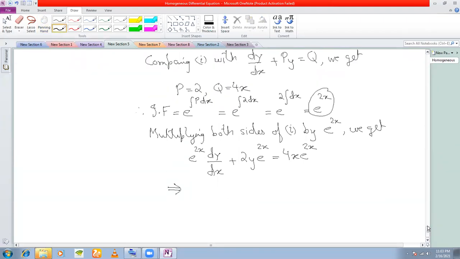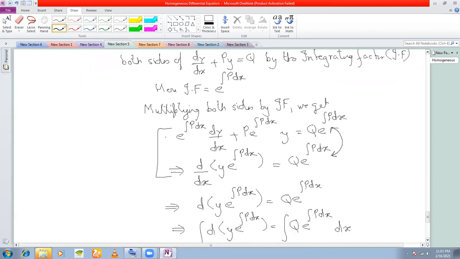Now, what did I say here? I told you to remember these two steps. On multiplying both sides by the integrating factor, what do you get here? d dx of y into e to the power of integral p dx.